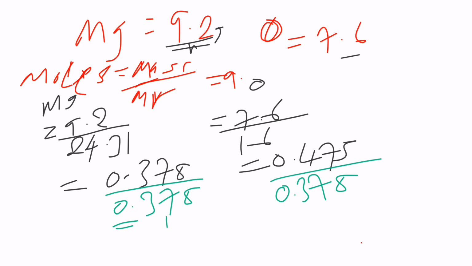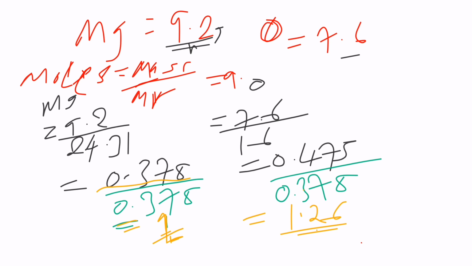Then on this side, it's the same thing, 1. Here, when you divide, use the calculator, it will give you 1.26. So the first thing, find the moles. The second thing, divide by the lowest, which is 0.378. Then we don't round off.